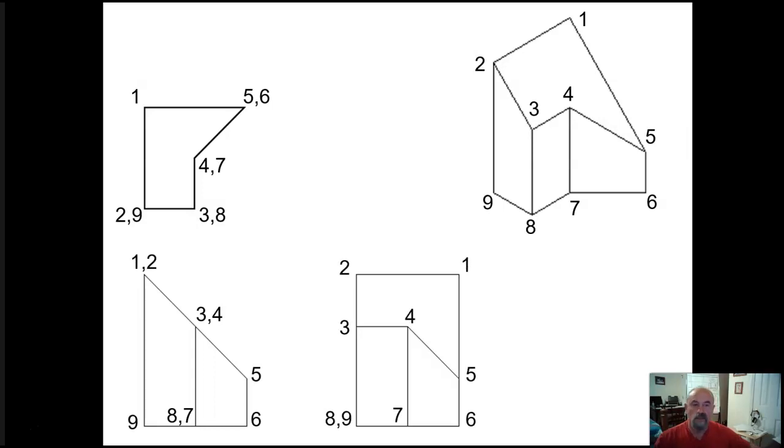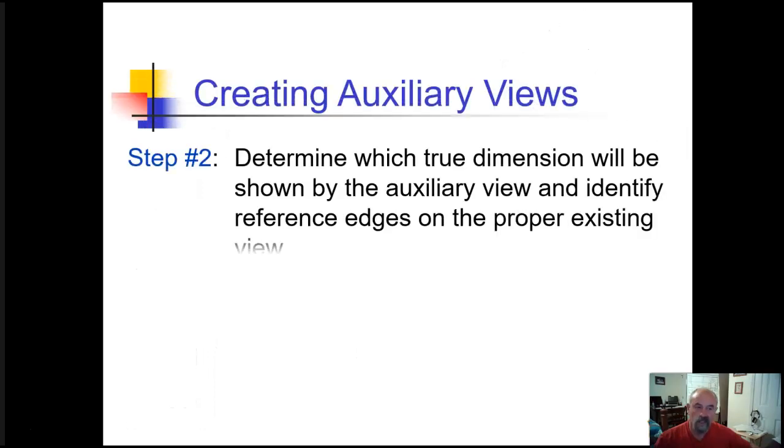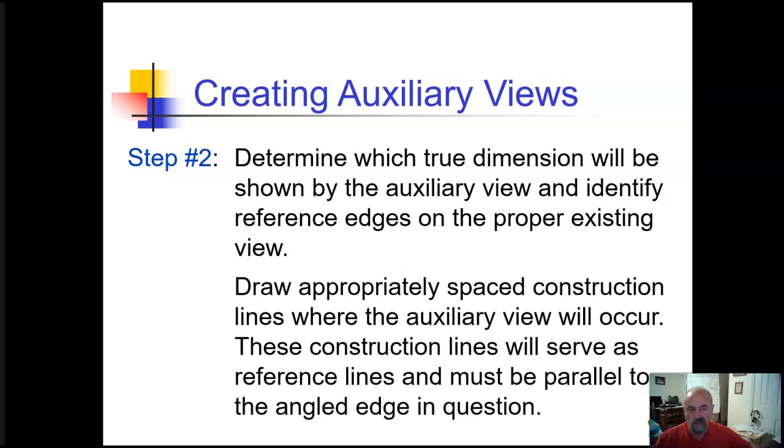All right? So you've got to determine next which true dimension will be shown by the auxiliary view and identify the reference edges on the proper existing view. You're going to draw appropriately spaced construction lines where the auxiliary view will occur. And these construction lines, just like when we did with the multi-view drawings, will serve as reference lines, and they must be parallel to the angled edge in question.